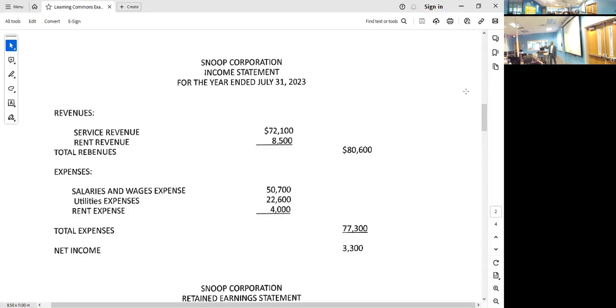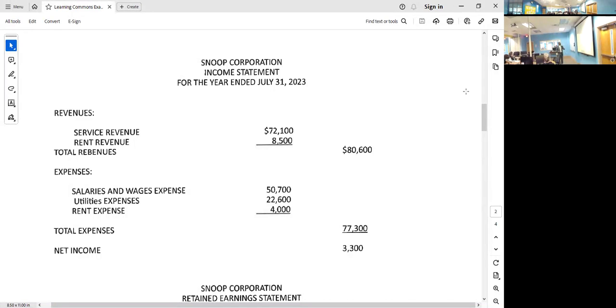Generally, companies, when they first start out, don't always make money. They start out making a loss a lot of times, ending up with more expenses than revenue. Then you would have a parenthesis around it as a net loss instead of a net income.